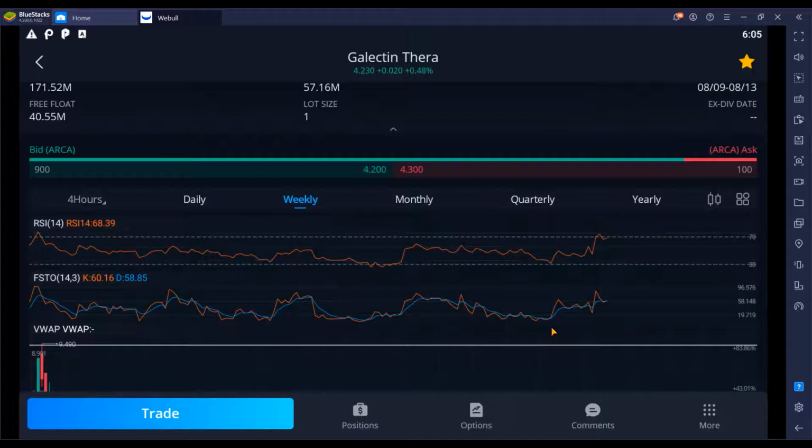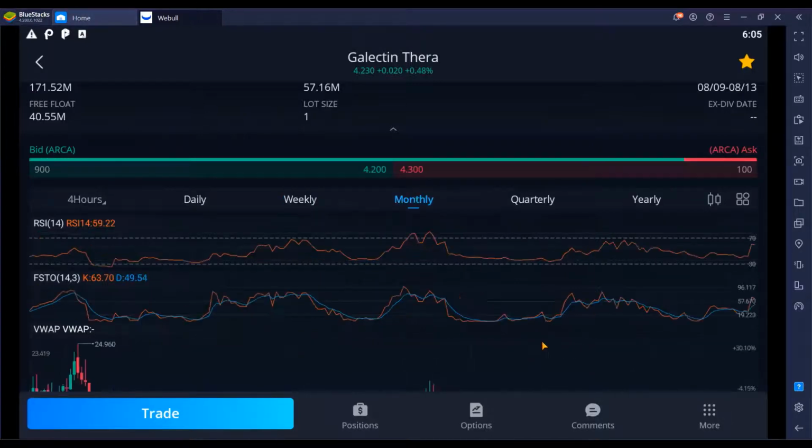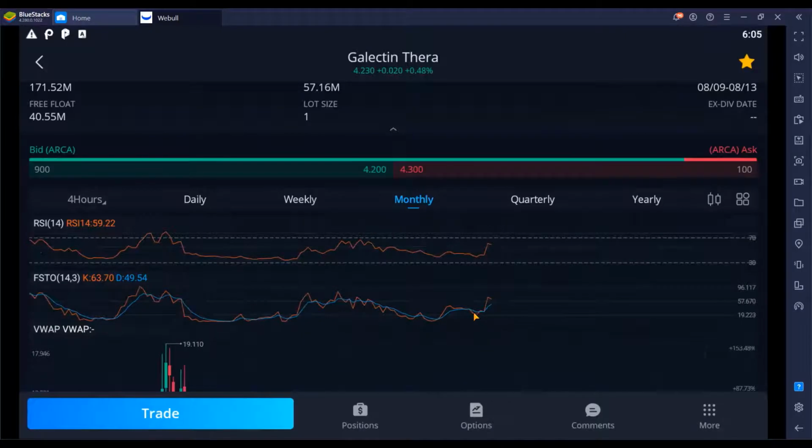What's respecting K on D up and what's respecting K on D down. So if you can notice that this is messy, let's go up. Meaning that if something's messy, you need to go up in time frames. Let's go to monthly. You're going to notice that monthly here is smooth uptrending.